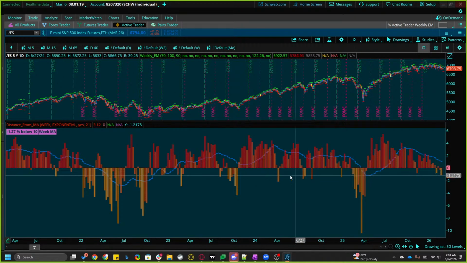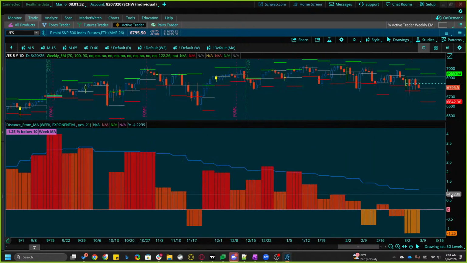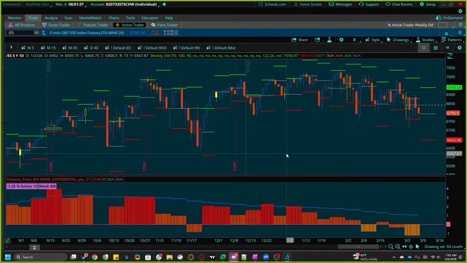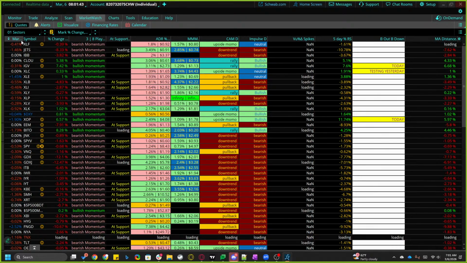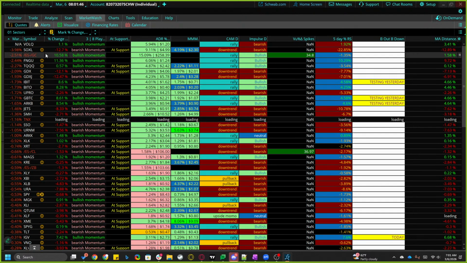Now there are times where we've turned around and we've come back up after just 1.25, but usually it goes a little deeper. If we're down like this, we usually get a little more. So we'll have to see how it plays out. But I wouldn't stress being down 1.25 below the 10-week. That's not a big deal at this point, especially when we're still IX10. So just breathe.